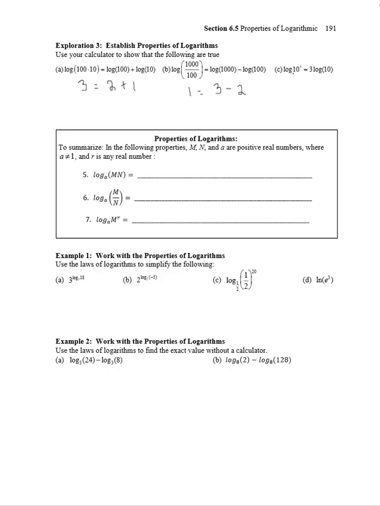Okay, log base 10 of 10 cubed is 3. And 3 times log 10, which is 1, is 3. So that property works out also. So what that means is that log base A of m times n is log base A of m plus log base A of n.